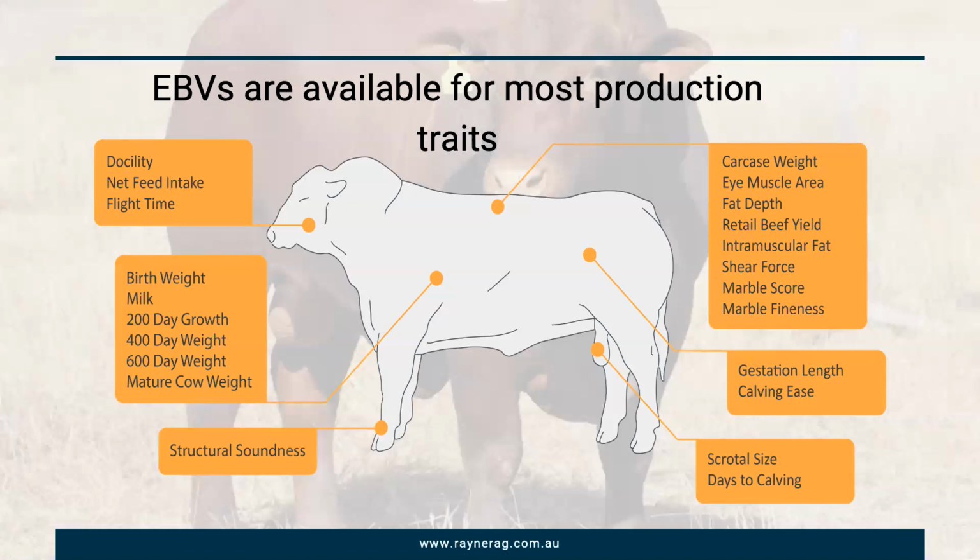So there are EBVs for most of the traits. Some breeds have much more than others. Some breeds that are just new within the industry or are starting out are still recording a lot of their raw data to submit for calculation, whereas someone in the Angus breed would be very familiar with a huge range of EBVs that are available.